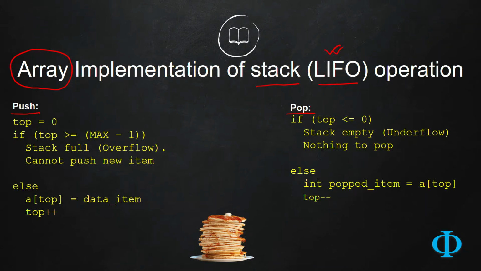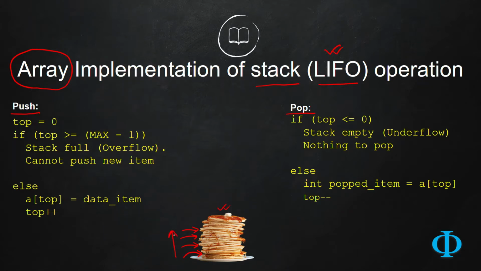Whenever it comes to implementation or understanding the pseudocode or code, always try to visualize your old pancake example. What is being done over here? The waiter or waitress puts the pancakes one on top of another. They start from the empty plate and put the first pancake, then on top of that they put another, and another, and another.